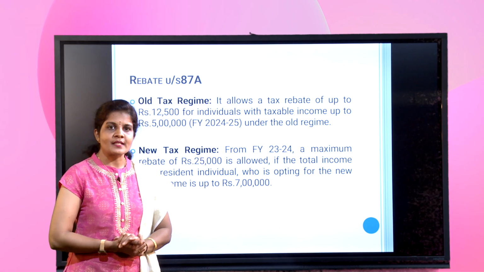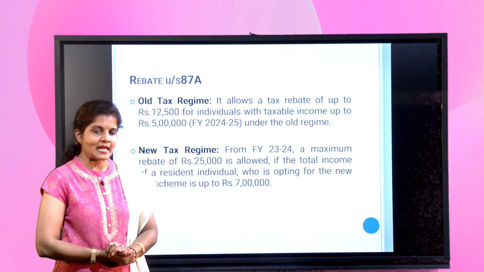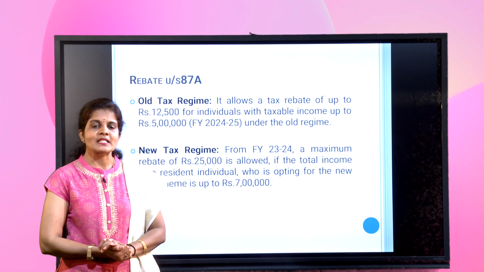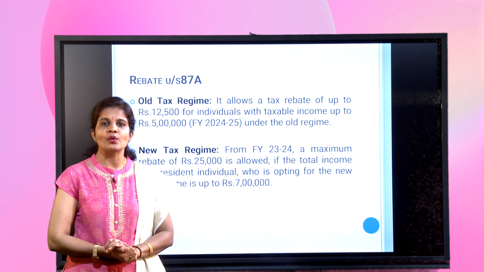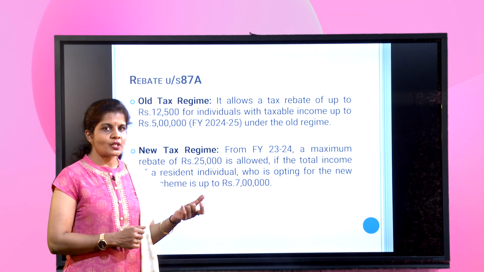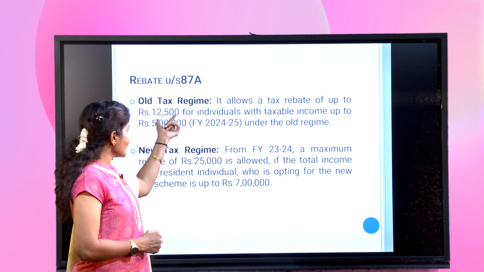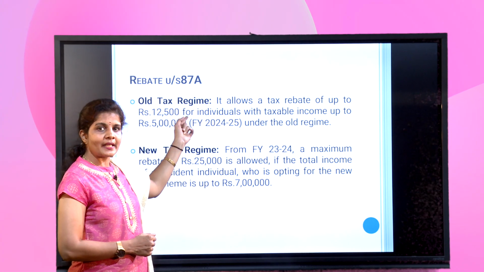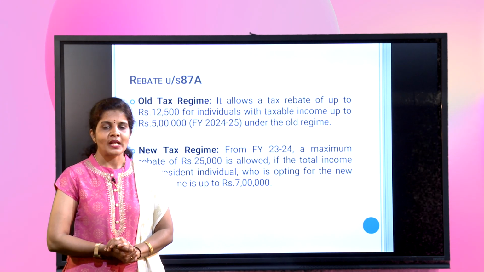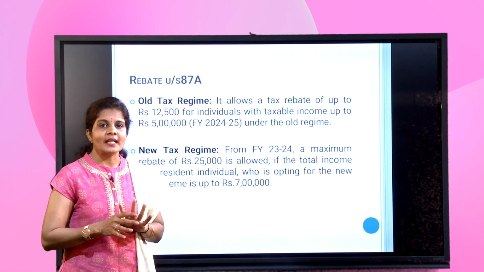The present financial year for income earners is 2024-25, which starts from 1st April 2024 and ends on 31st March 2025. Those who earn an income in this period will get a rebate of up to 12,500 rupees.